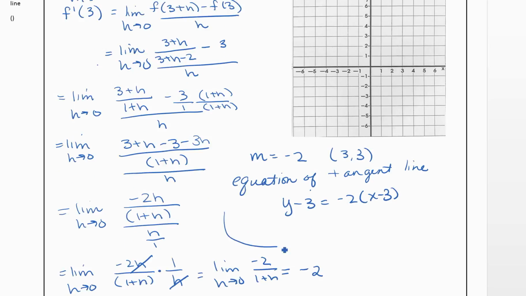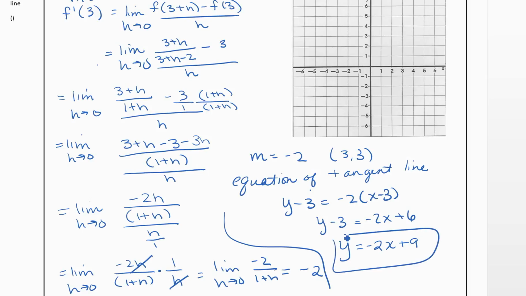And when we distribute, we get y minus 3 equals negative 2x plus 6. And we'll add 3 to both sides, so we'll have y equals negative 2x plus 9. So we'll graph that in a minute. Now remember, that was our equation of our tangent line.